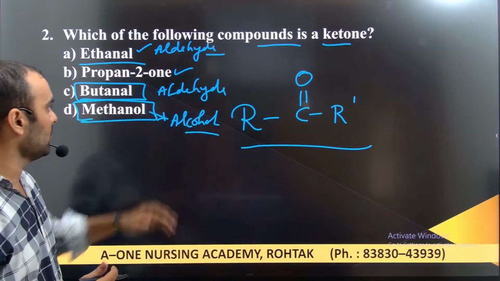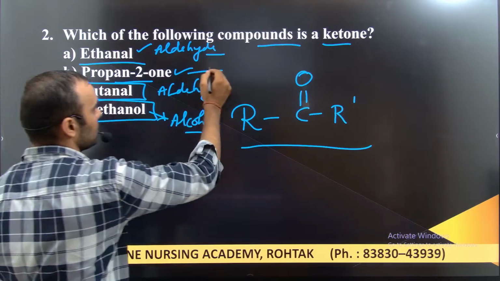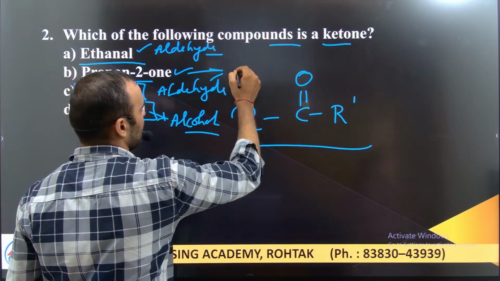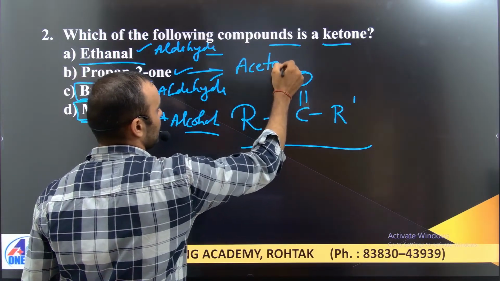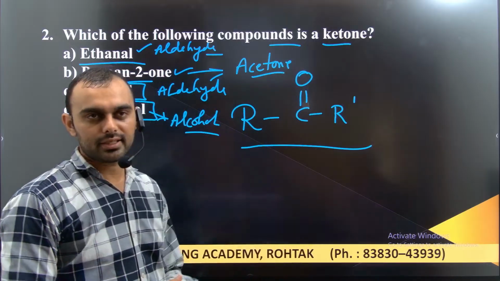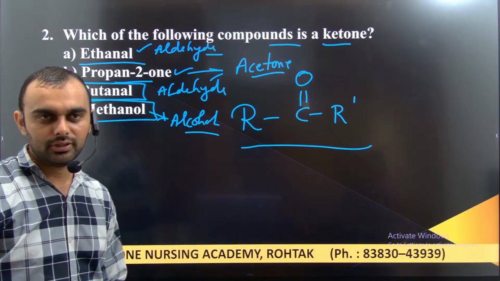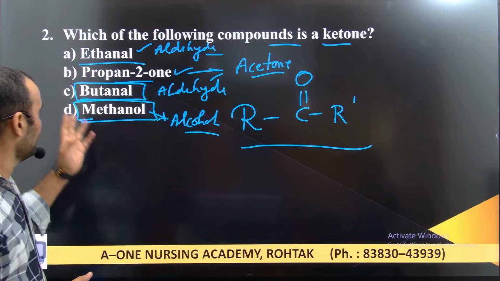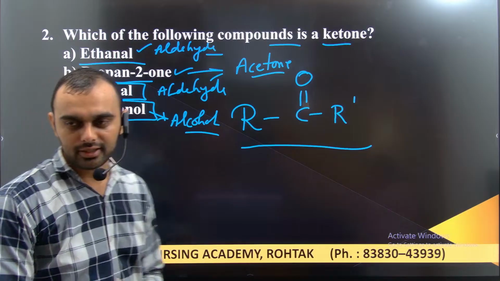That is the formula of acetone. Acetone is a ketone. This is also used as a nail paint remover. So this is the right option. Propan-2-one is the right option.